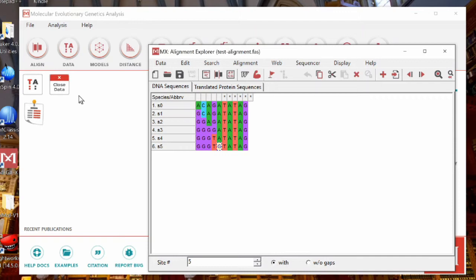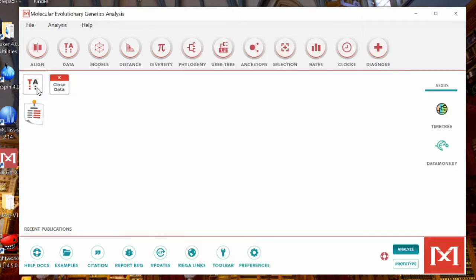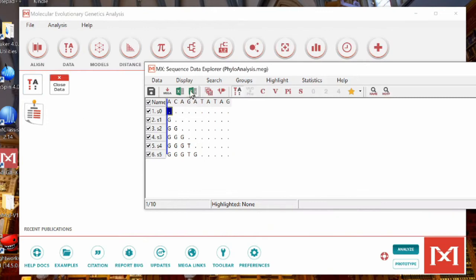Okay, so here the data set appears. If we click on this tab, we get a sequence data explorer, and we see the difference between our 5 test sequences. Here they are identical in this area, and here they are different. They differ, and here there's a consensus sequence, so to say.